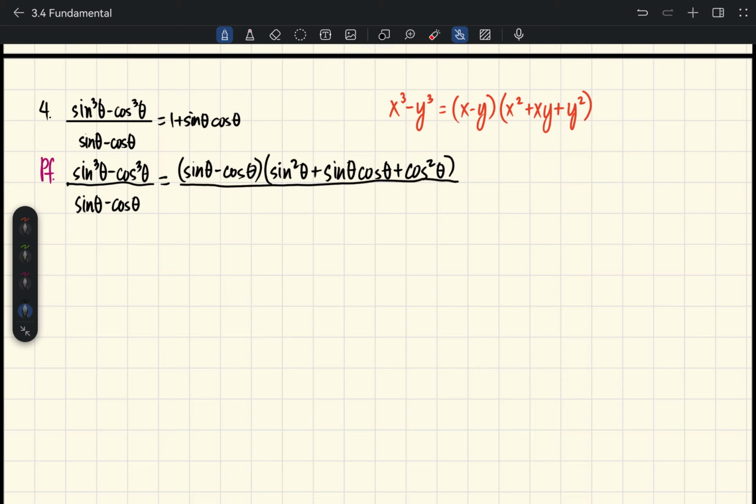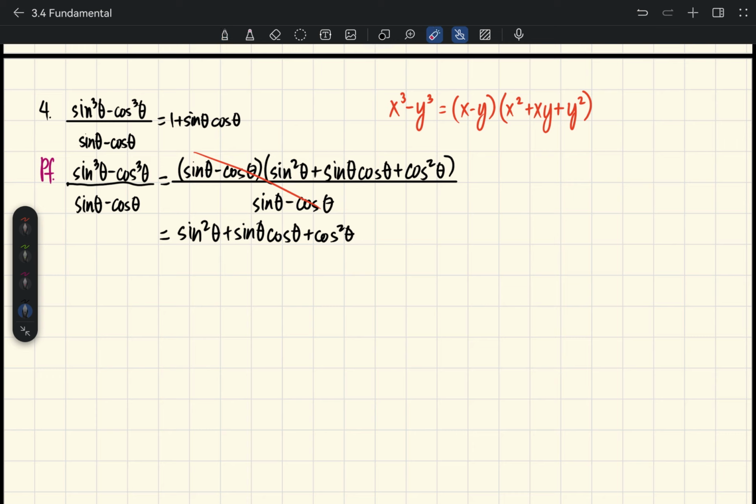Then all over sine theta minus cosine theta. And since these two are common factors, we can cancel them. Whoosh! We get sine squared theta plus sine theta cosine theta plus cosine squared theta.